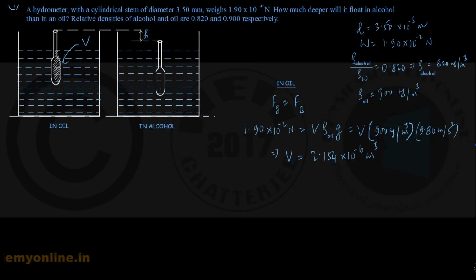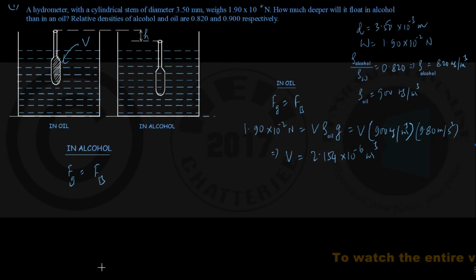Now, armed with this result, let us now focus on the flotation of the hydrometer in this alcohol. So once again I can write down for equilibrium the force of gravity acting on the hydrometer Fg must be equal to the force of buoyancy exerted by the alcohol onto the hydrometer.